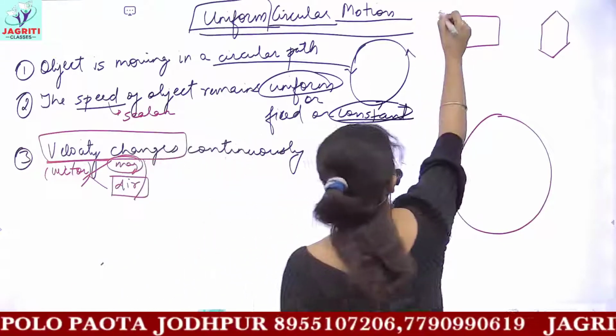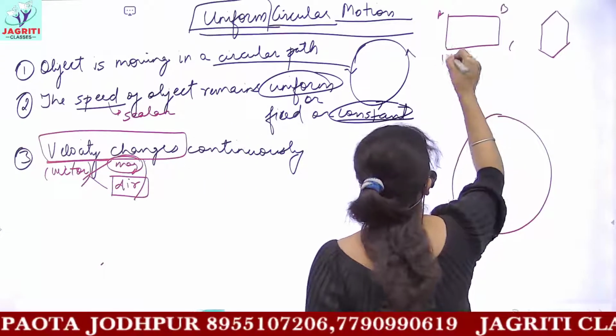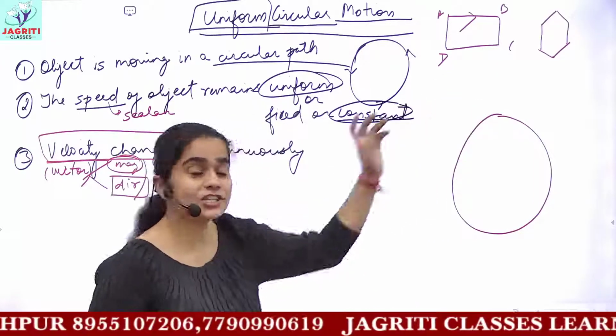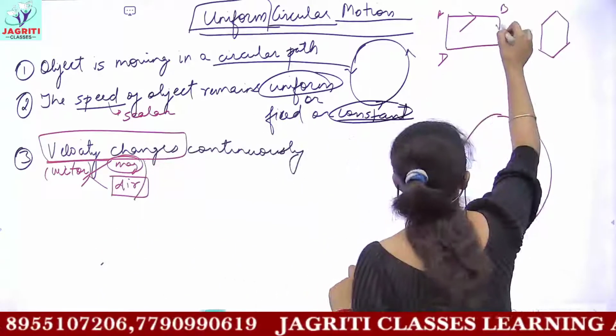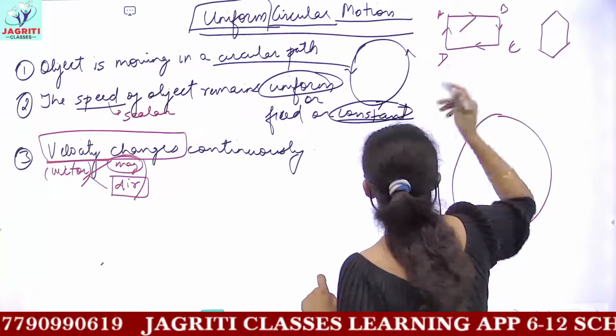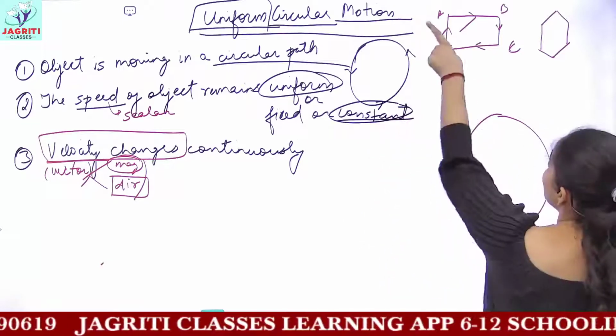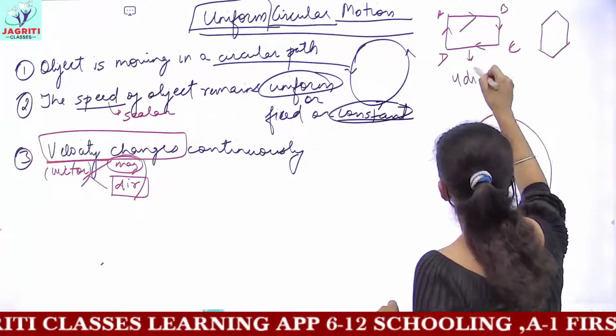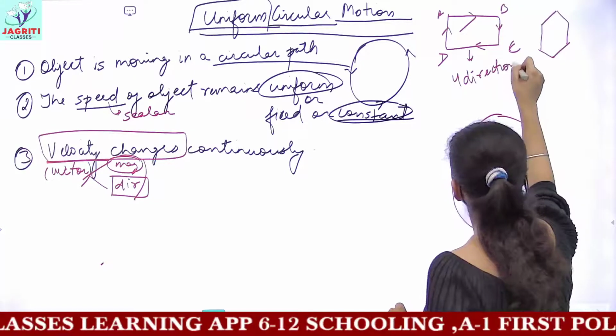When I take a rectangle, that is a 4-sided figure, if the object starts from point A, then firstly it is moving in the right direction, then it changes its direction and moves downward, then it moves left, and then it moves upward. So while traveling on this type of path, the object changes its direction 4 times.